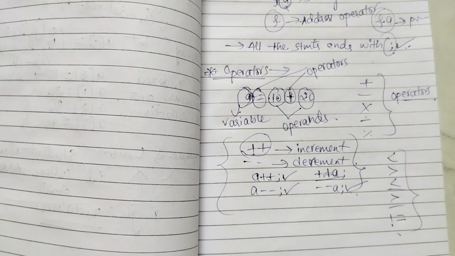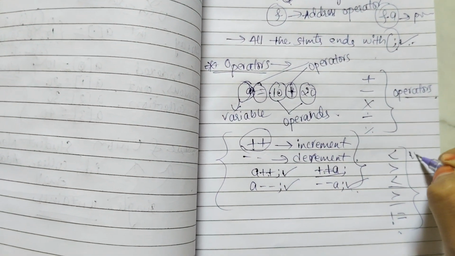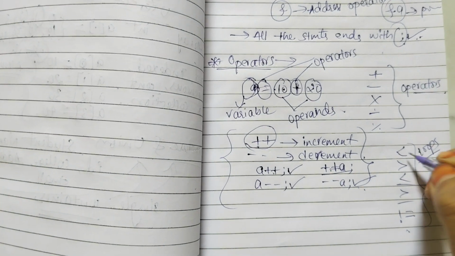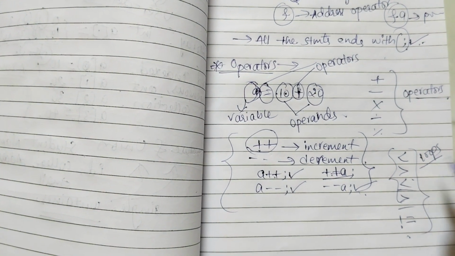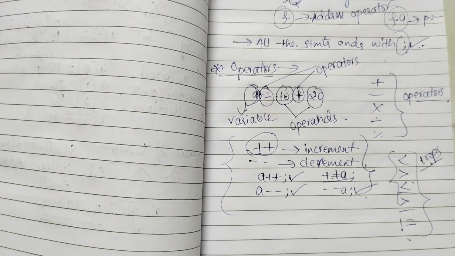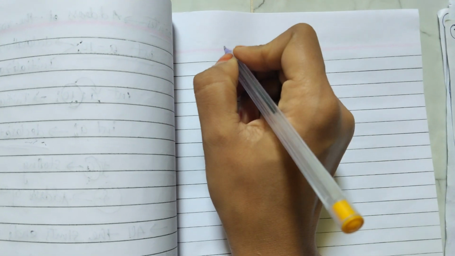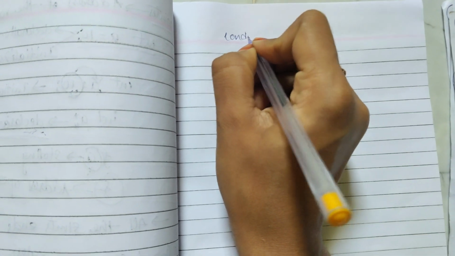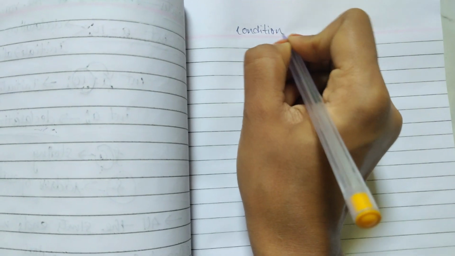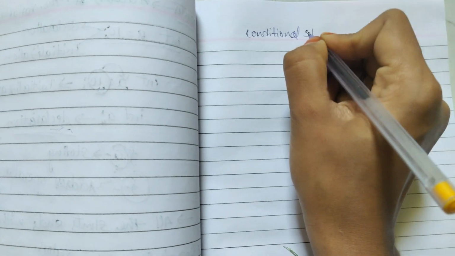You can see these kinds of operators in loops. I'll tell you next. The next concept is conditional statements. Why do we use these conditional statements? I'll tell you an example.